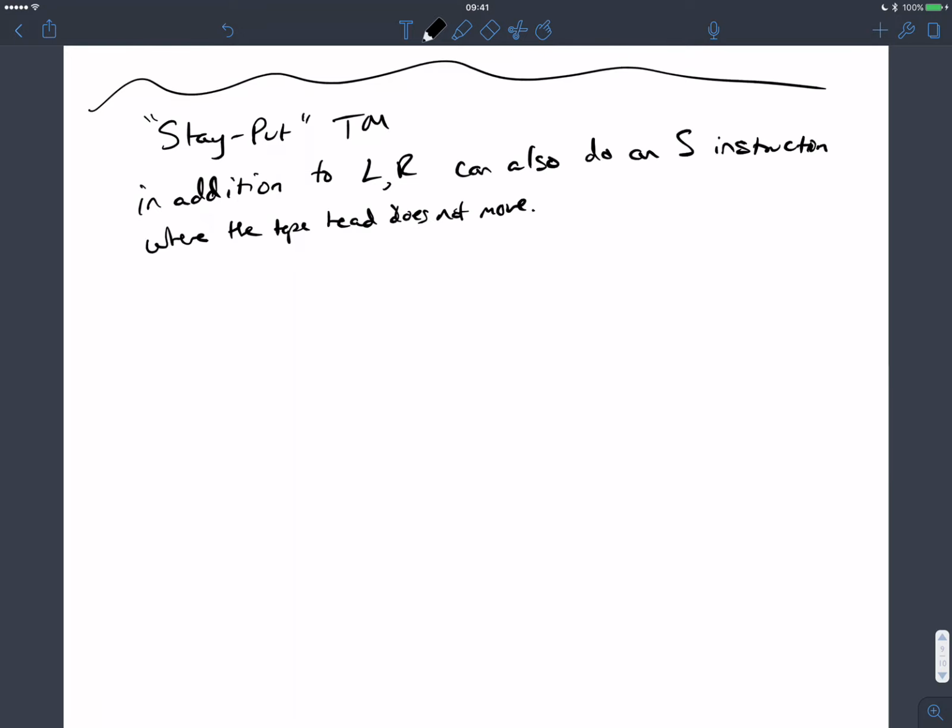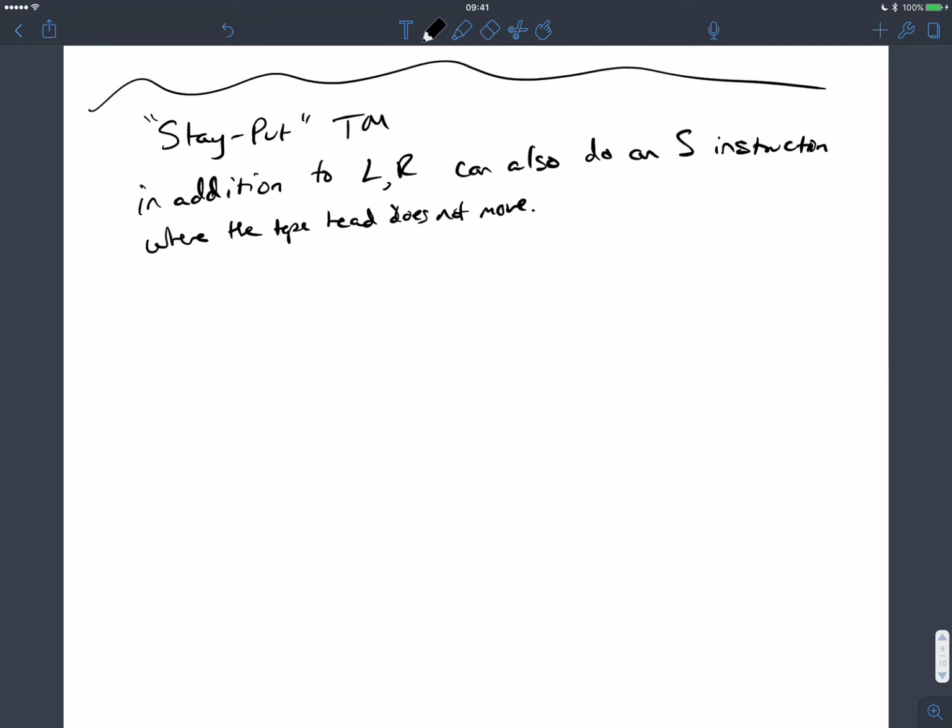Yeah, how? Well, if it was a left or right transition before, it's still a left or right transition now, so that's no problem. What if it was a stay put instruction? Well, should I move left then right? No, what can cause a problem? I could hit the left-hand end of the tape. Am I safe moving right then left? Yes. And what do I do with the tape? Do I change the tape contents?